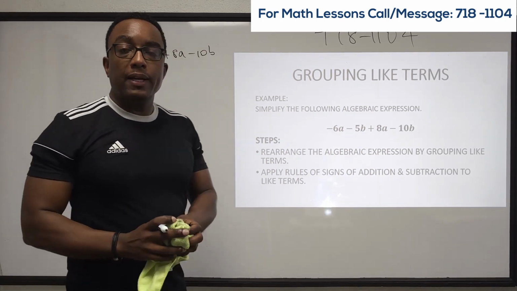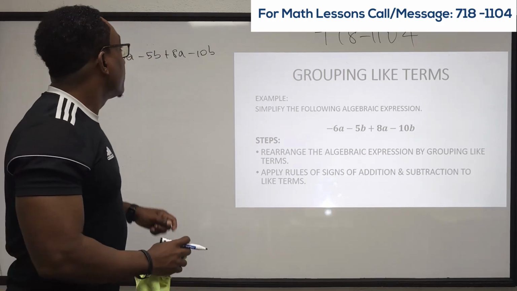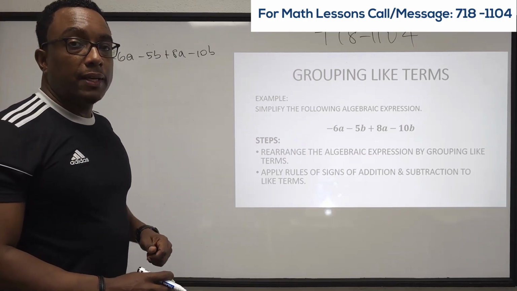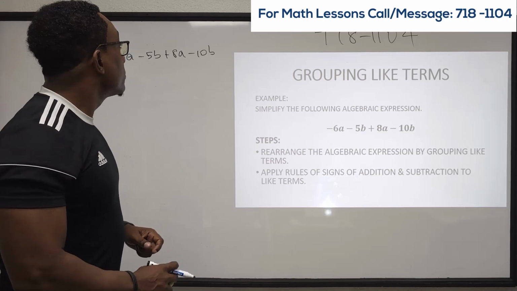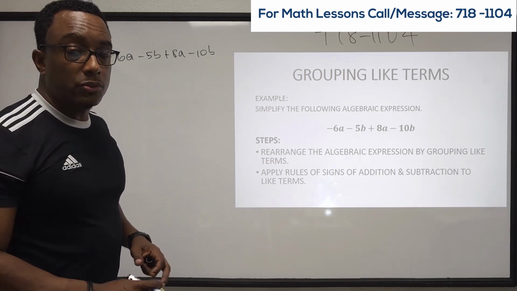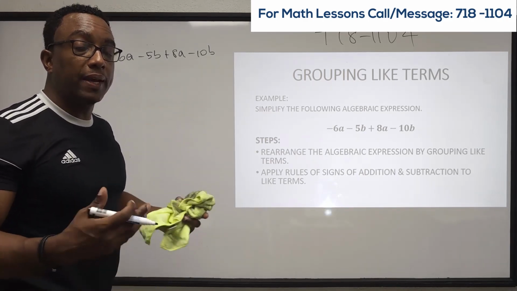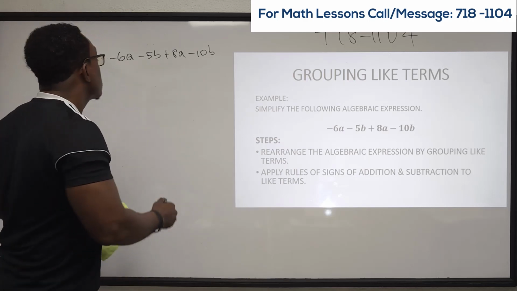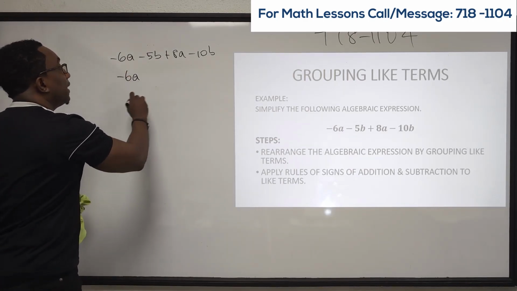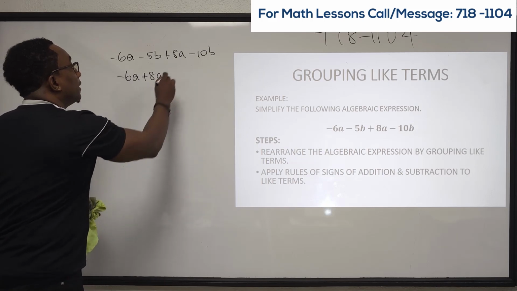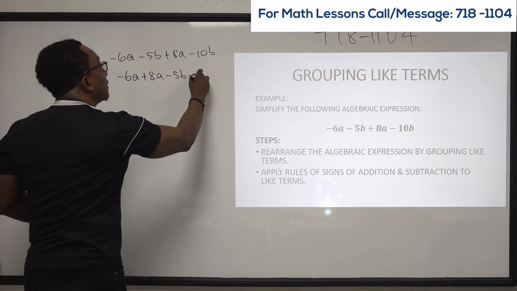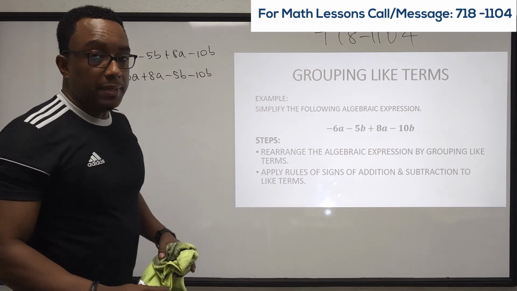So this is an algebraic expression with 4 terms, but if we look, 2 terms will have the variable a to the power of 1, 2 terms will have the variable b to the power of 1. So what we're going to do is rearrange by grouping or putting like terms together. So this will be negative 6a plus 8a, negative 5b minus 10b.